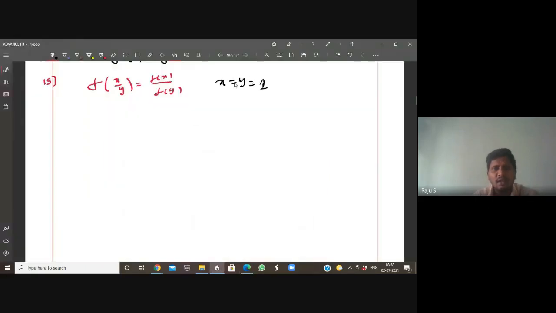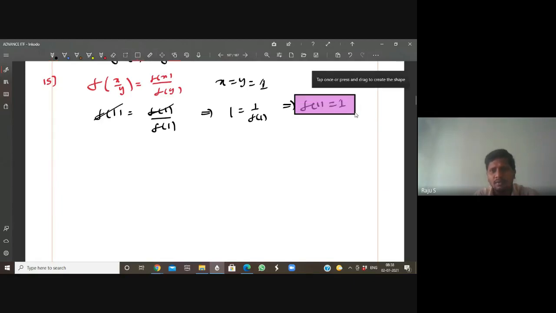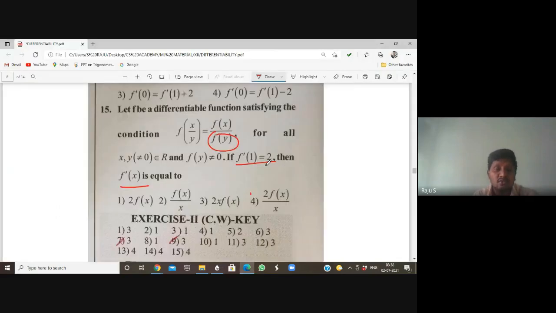So I want to substitute x is equal to y is equal to 1. Then f of 1 is equal to f of 1 by f of 1. So f of 1 gets cancelled, so 1 is equal to 1 by f of 1, which implies f of 1 is equal to 1. Finally, f of 1 value is 1, and f dash of 1 value is 2.